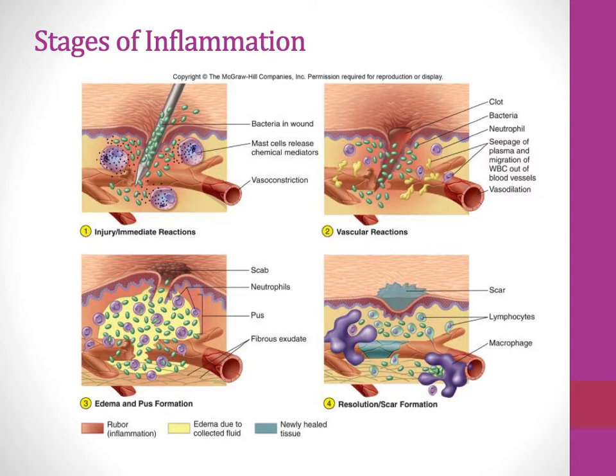Okay, and then eventually we recruit in lymphocytes to make sure that all the bacteria is gone. Usually the lymphocytes that are specific to that damaged cell or for that bacteria would have been recruited into that area.